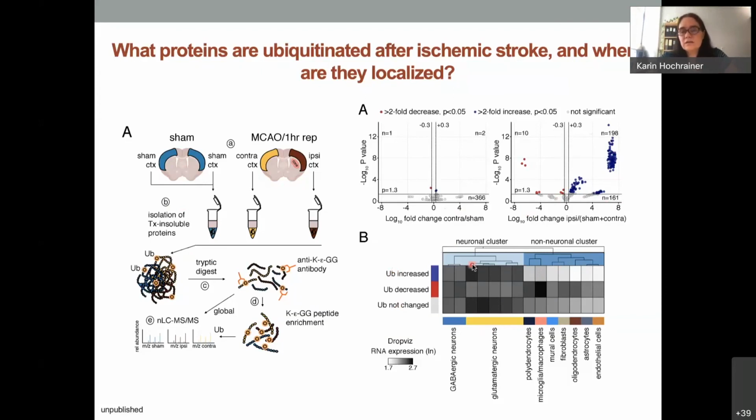What we find is that our proteins with increased ubiquitination are predominantly found in neurons and not very much in non-neuronal cells. We don't see this enrichment in neuronal cells for the other classes, the decreased ubiquitination and not-changed ubiquitination proteins.